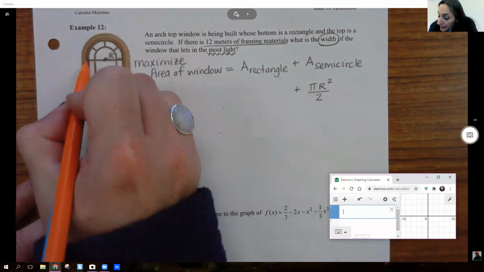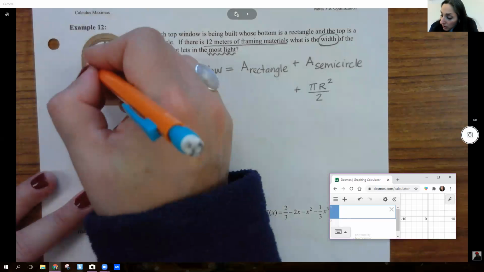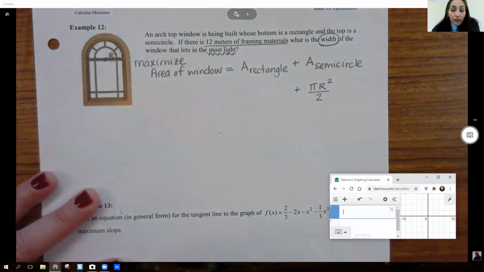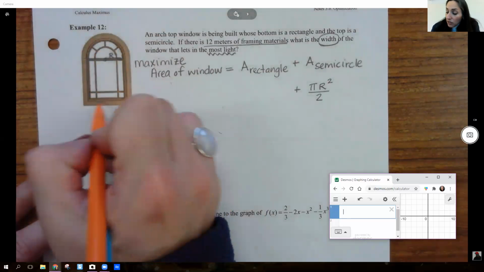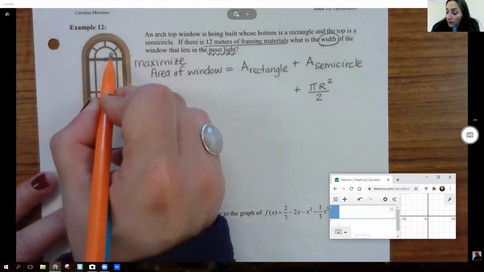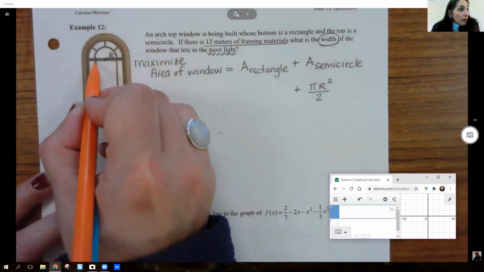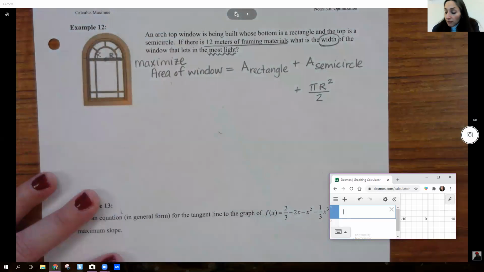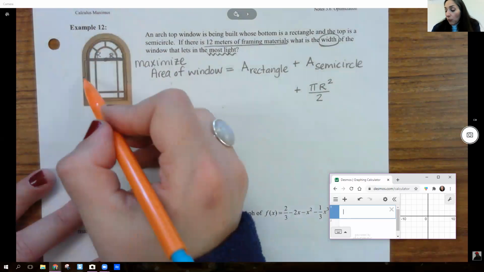All right, so the rectangle is the bottom part down here. Now, we don't know that this is going to be a square. In fact, it probably won't be a square. We just know that it is some rectangular shape. And if from here over is R, then from here over is also R. And this dimension right here, we don't know.